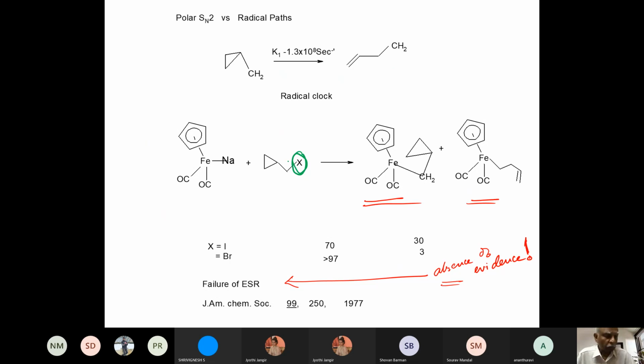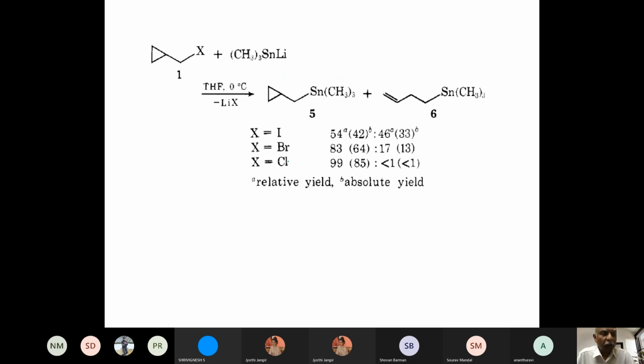The same type of ring opening has been observed in the case of tin species also. Here I have pictured for you a tin oxidative addition. This is tin 2 becoming tin 4.